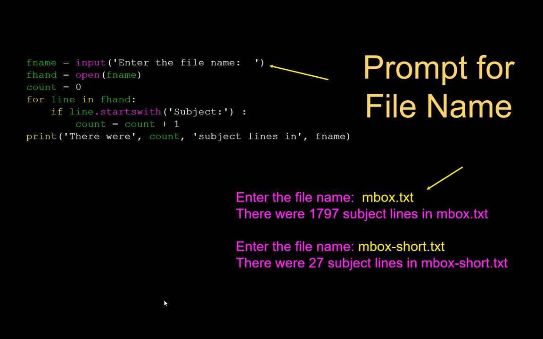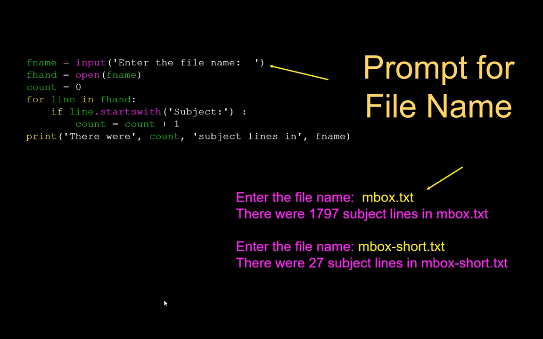So in the previous example, we manually gave the file to the program. In this case, we want to prompt the user to enter the name of the file. So we use the input function and we say enter the file name. We take that name and we keep it in the variable fname. We open that file name and we put it in the variable fhand, our file handler. We set our counter to 0.